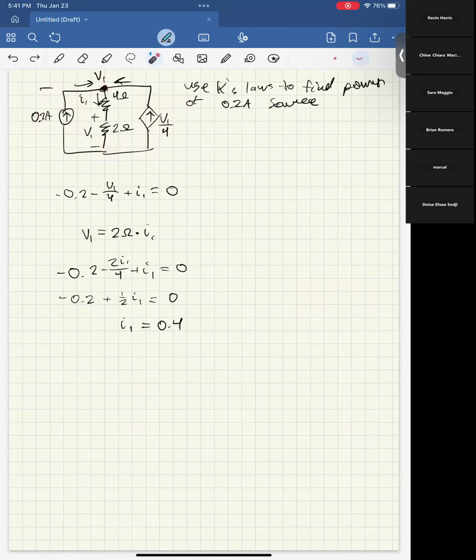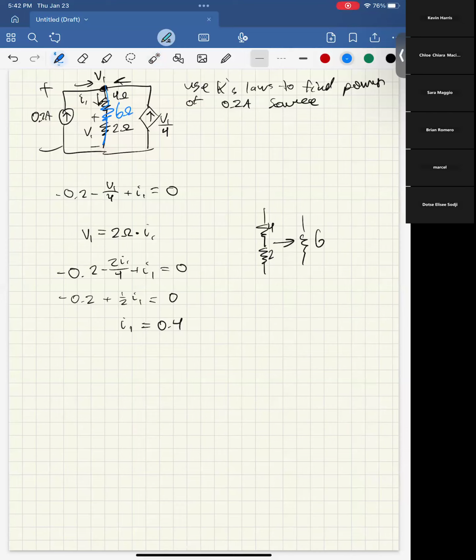Remember, 2 resistors in series is the same as 1 resistor of a bigger value. So this 4 and this 2, we can think of as a 6. And then the voltage difference, I'll do a funny drawing here. So now we have a big 6 ohm resistor.